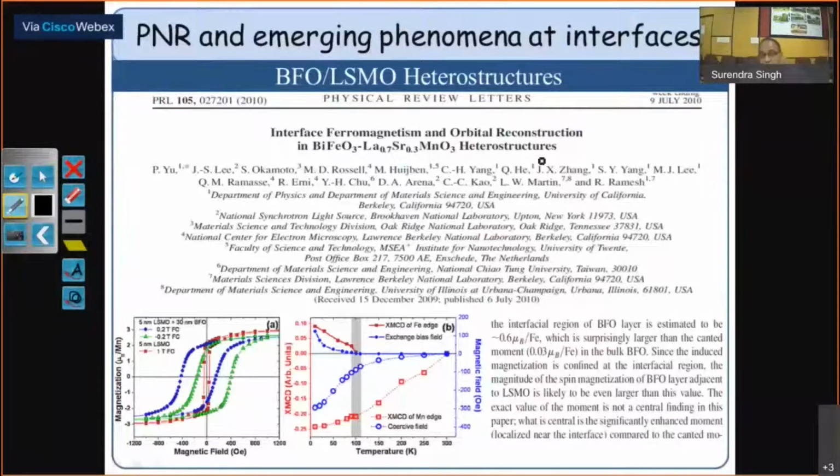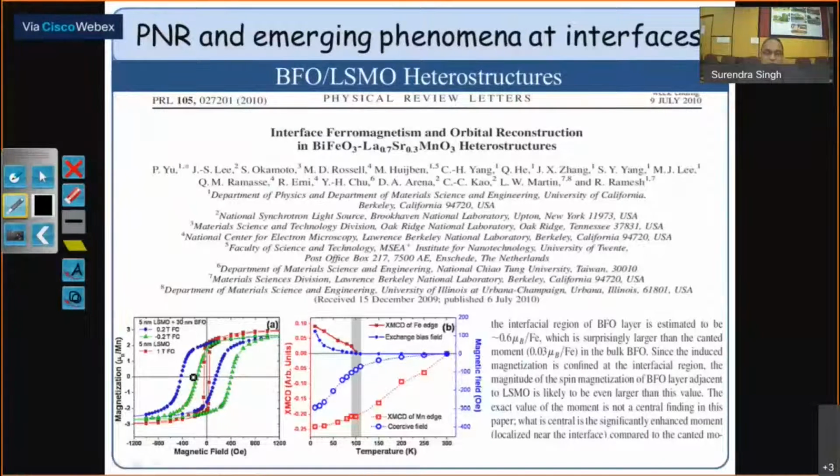heterostructure. And this study was mainly based on the synchrotron based study where you do XMCD and you sit at one edge, and you see the corresponding magnetic contribution for those elements in the system.